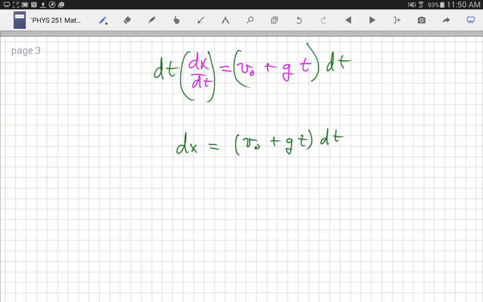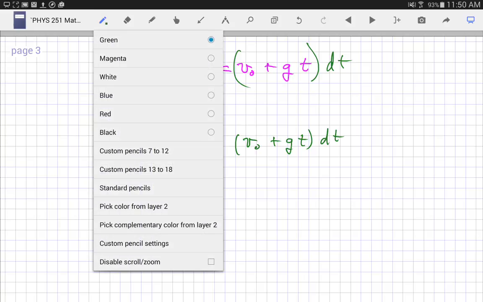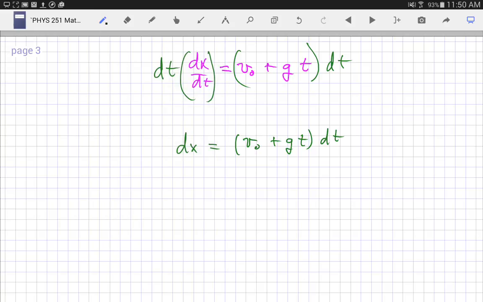We're perfect. So now I just integrate up, going from x at time equals 0 to x final. And once again, integrate up from time initial equals 0 to time final. You might ask why I put time final and then have to relax it.